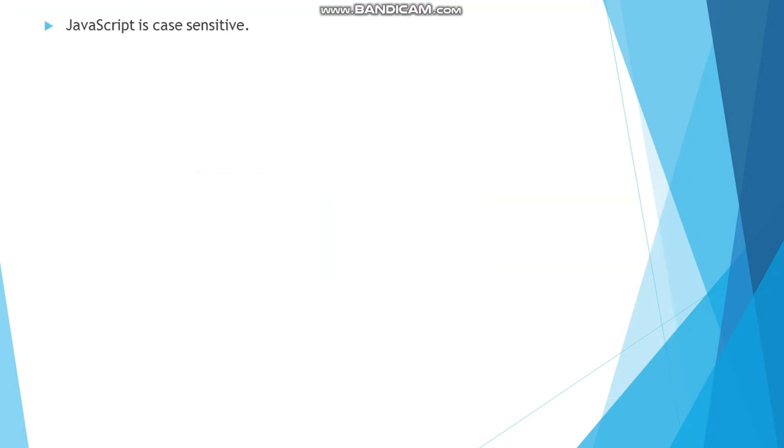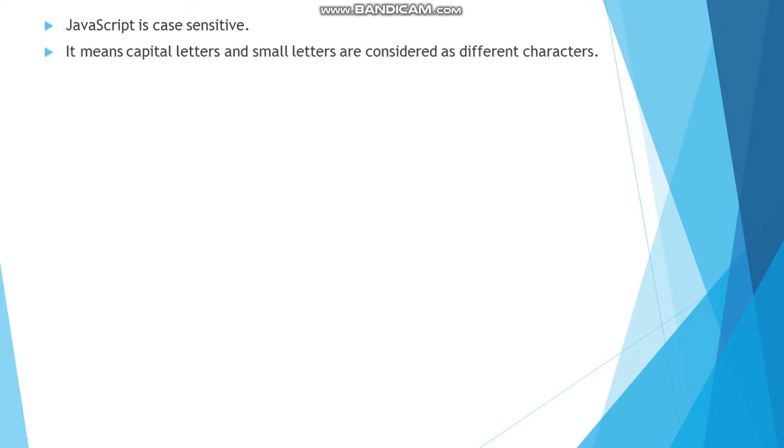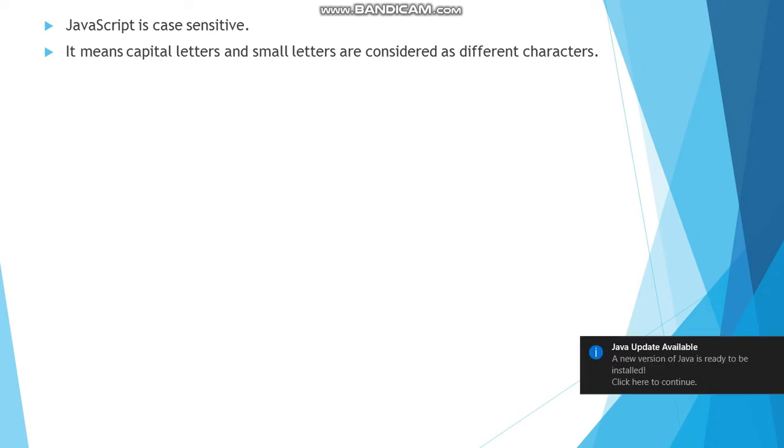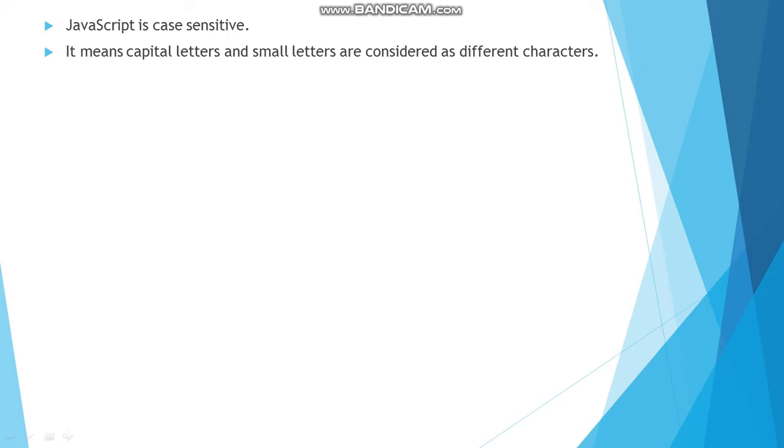Remember, JavaScript is case sensitive. It means capital letters and small letters are considered as different characters. So if you write capital M or if you write small m, then both the characters are different.